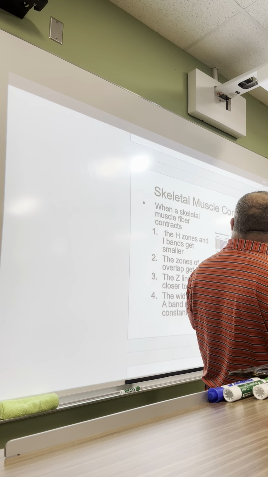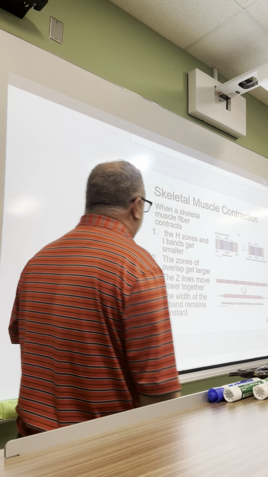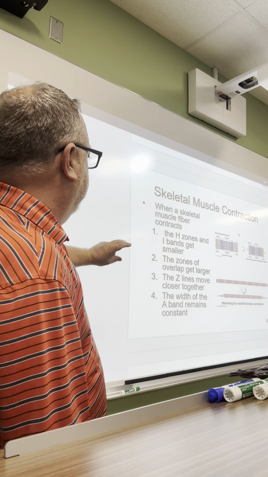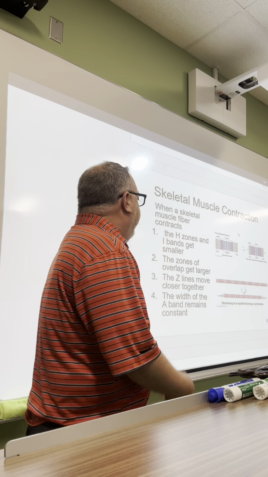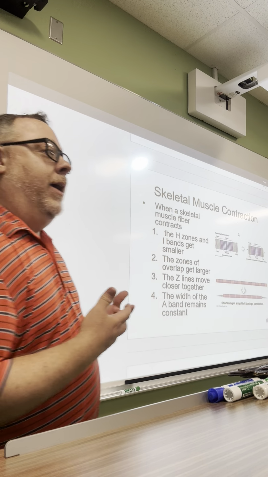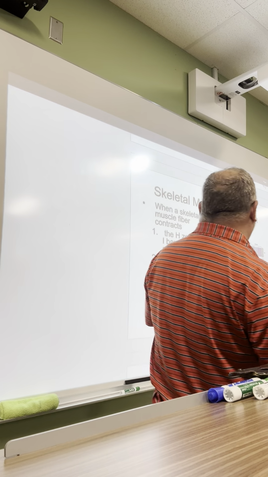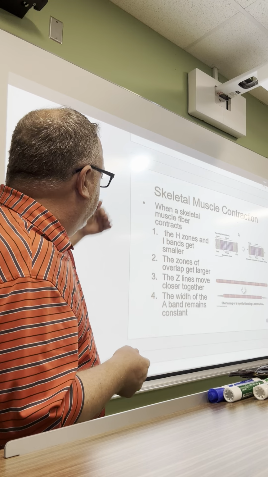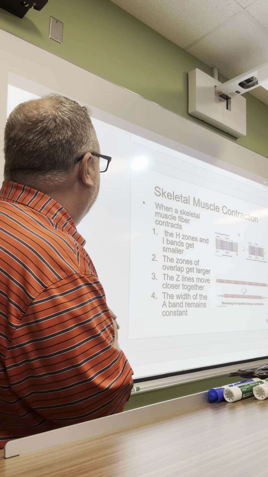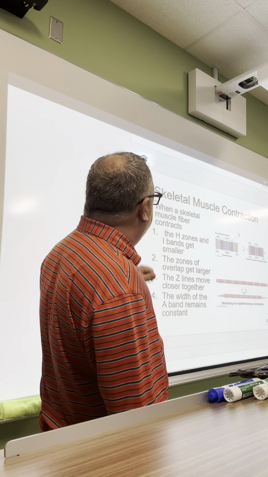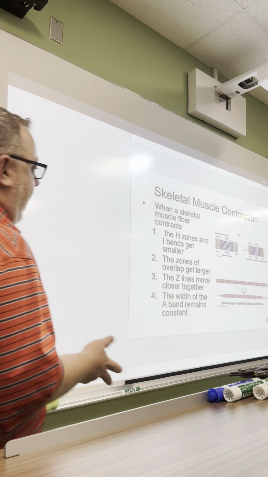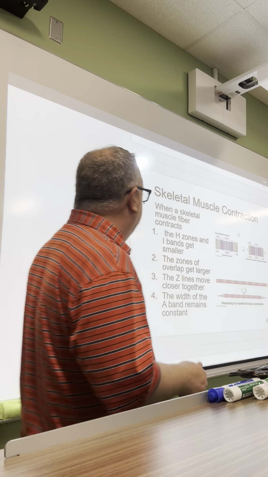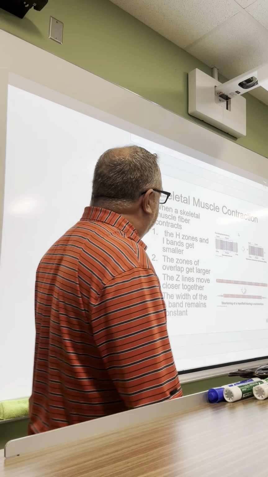And as I said before, on the task coming up next week, there's a few questions that specifically talk about H bands and what's happening during that contraction. Which ones are staying the same, which ones are shortening, and so forth. So if we take a look down through these primary 4 steps on our slide set here, we can see that in a skeletal muscle fiber, when it contracts, the H zones and the I bands will get smaller.